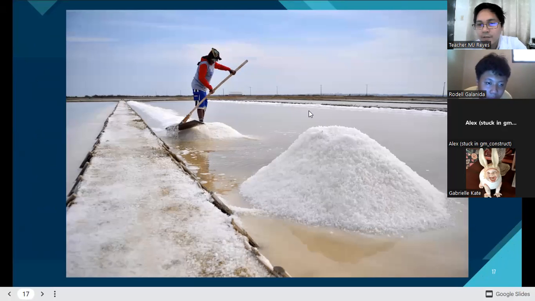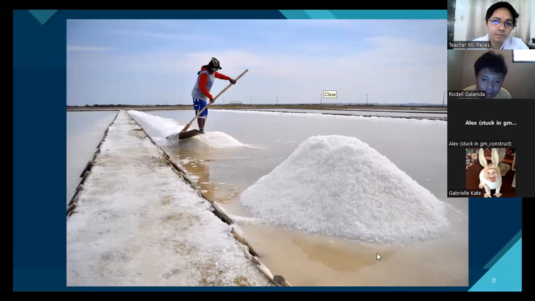We let water evaporate and let salt stay on the ground or in their trays. That's how we create salt. Definitely, people living near coastal areas, creating salt is their livelihood.